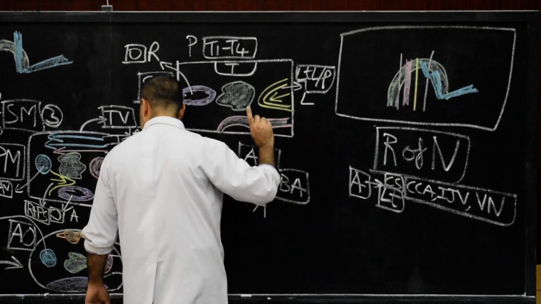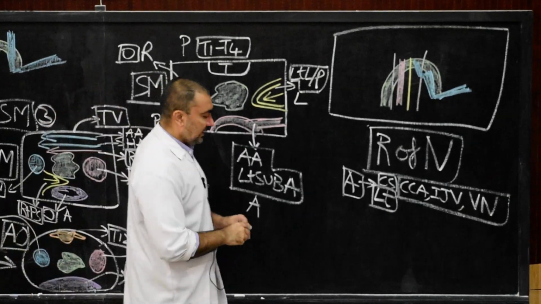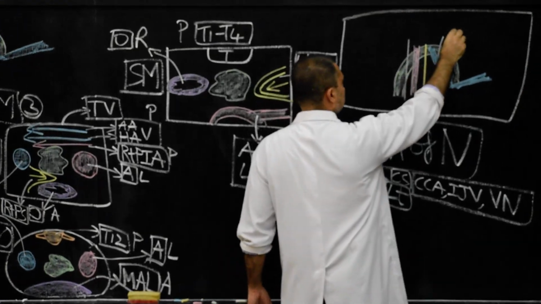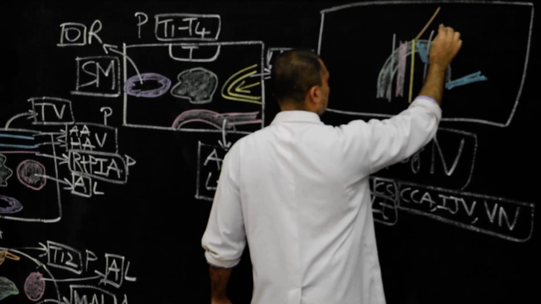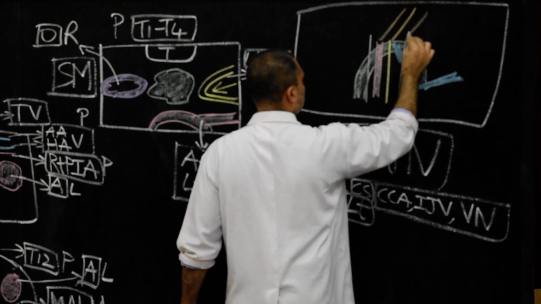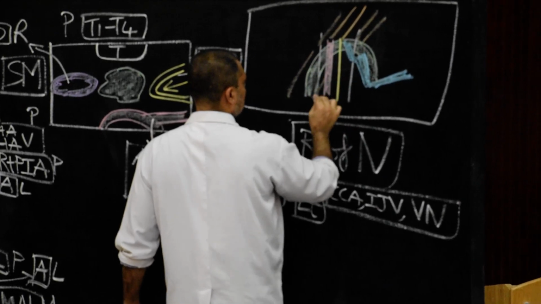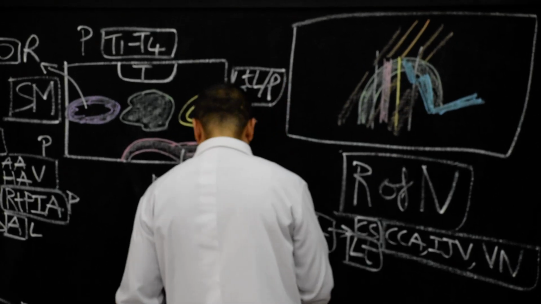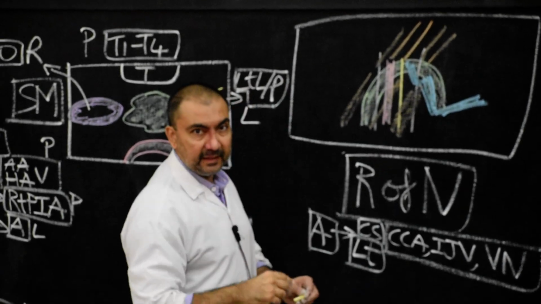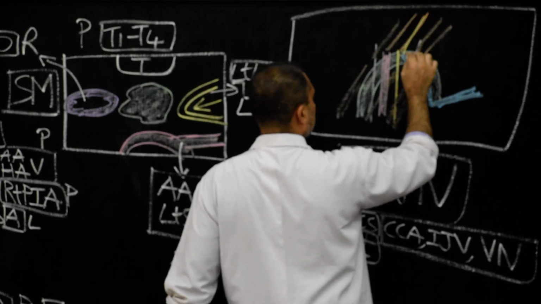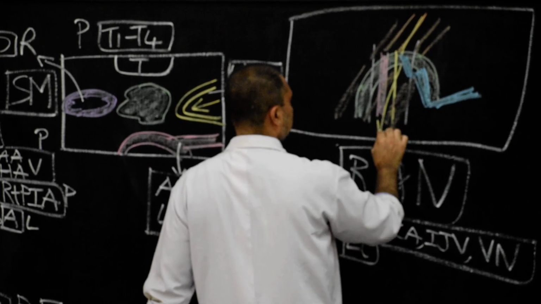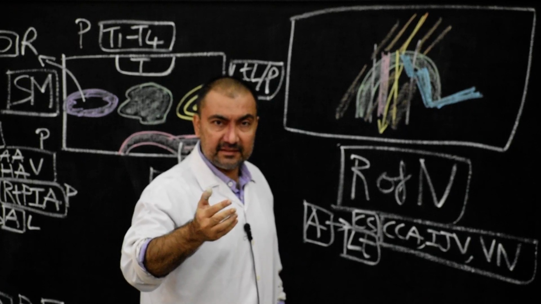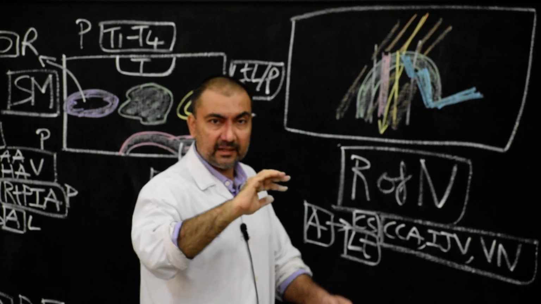The first structures which we will draw will be the left scalenus anterior muscle and the left phrenic nerve. This is the scalenus anterior muscle, and along with that the left phrenic nerve is located posteriorly.